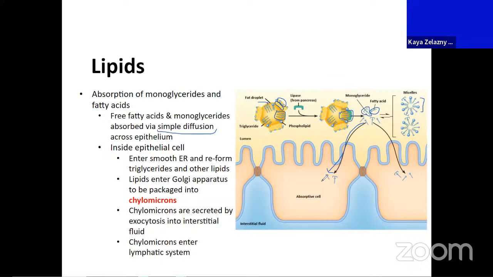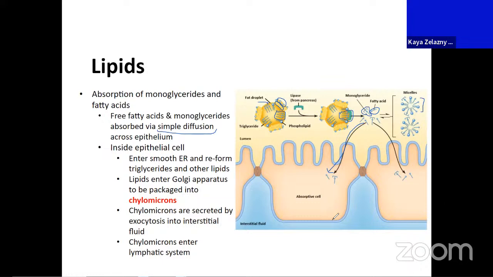The other thing that's happening is in the Golgi body, we are packaging them in with other types of molecules to become something called chylomicrons. Chylomicrons are going to be combinations of lipids and proteins, and they're going to be pretty big. So we're not going to be able to let them diffuse across that basolateral membrane.